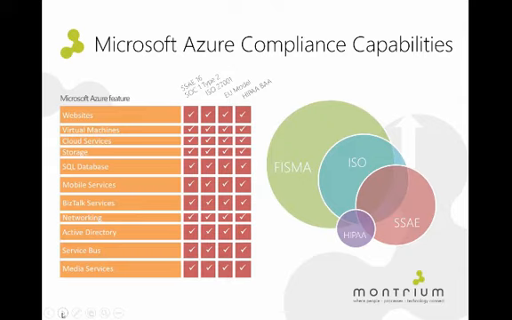So when you look at some of the key capabilities that people look for, whether it's SOC 1 Type 2 or ISO 27001 or the EU model clause or HIPAA to be able to sign a BAA agreement, Microsoft has been doing all of this for years, and clearly compliance is a key differentiator for us.